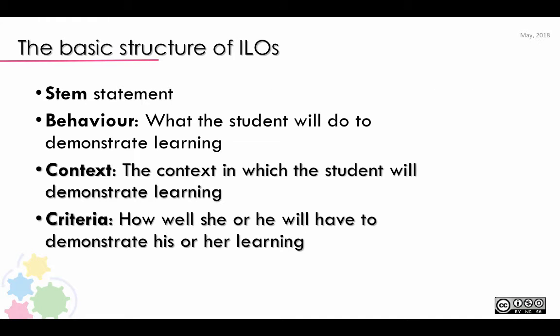There is a basic structure that most intended learning outcomes follow in general. One is that there'll be a stem statement, there'll be some kind of indication of the behaviour involved, of what the student will do, the context in which the student will demonstrate their learning, and the criteria by which they'll be evaluated.